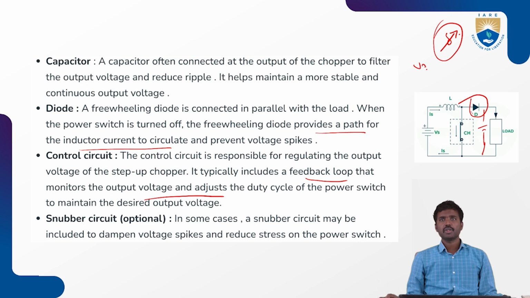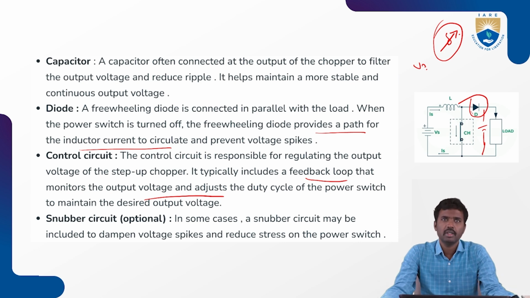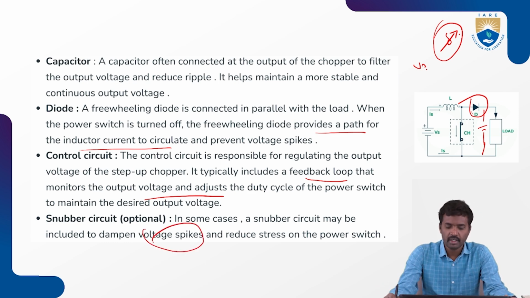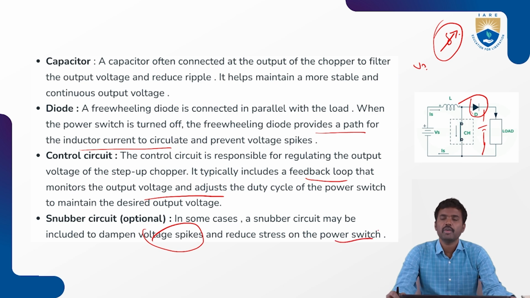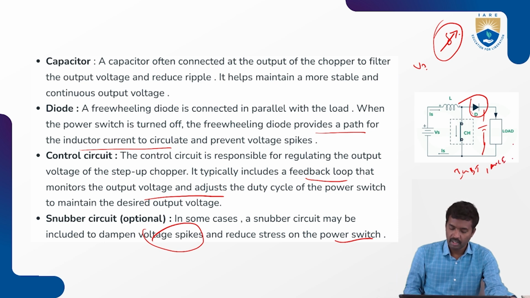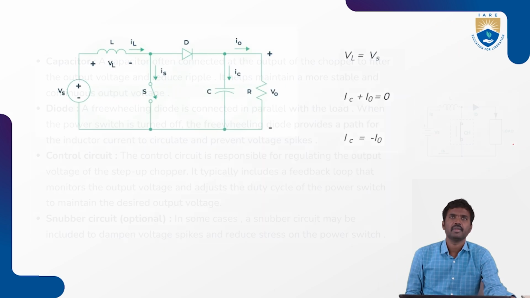The snubber circuit's main purpose is to dampen the voltage spikes and reduce stress on the power switch. What do we mean by power switch? Here it is an IGBT, MOSFET, thyristor, SCR or transistor.